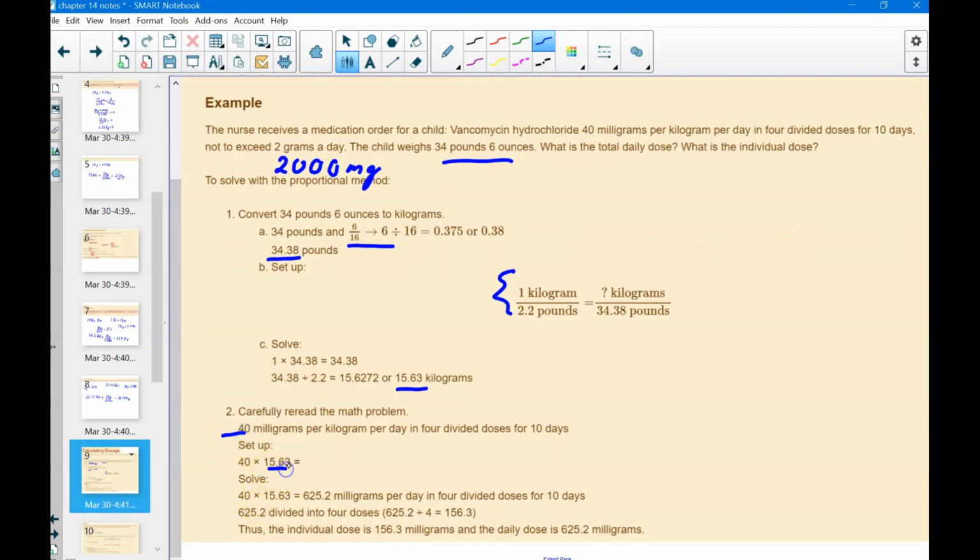If we have 15.63 kilograms, and it's 40 milligrams for each one, we just multiply, and our daily dose turns out to be 625.2 milligrams. Divided by 4, because it's 4 times a day, we can find the individual dose of 156.3. Not a problem.